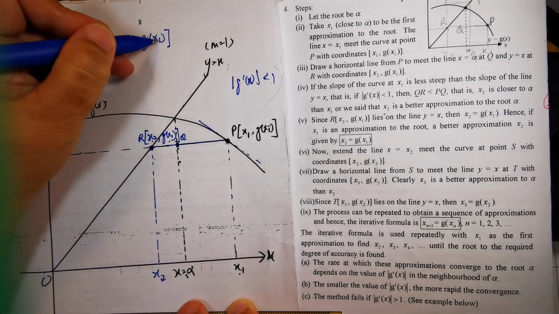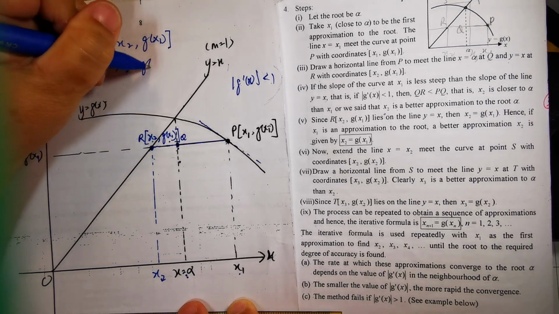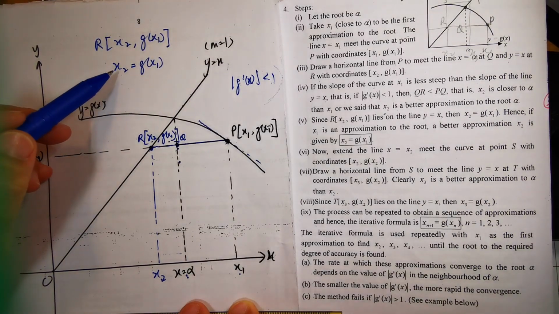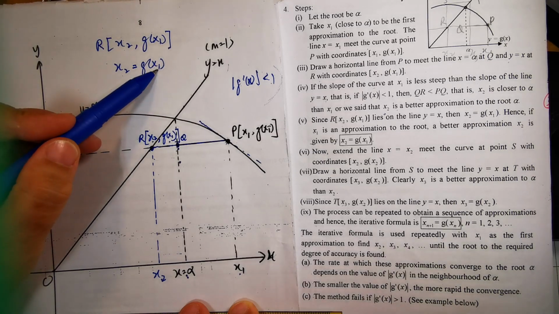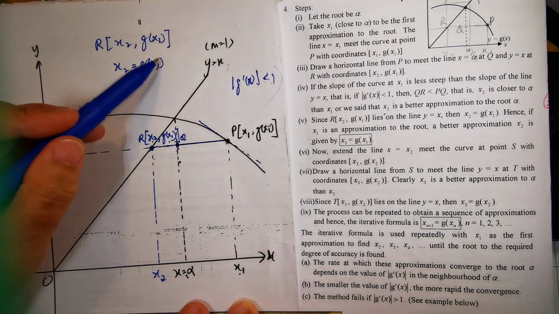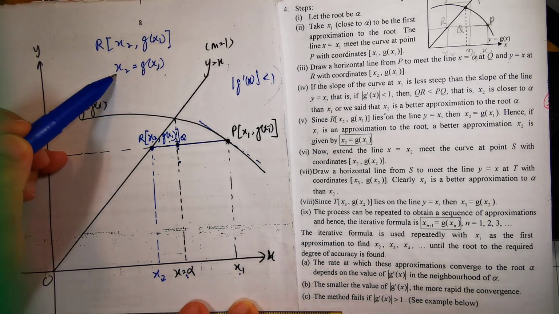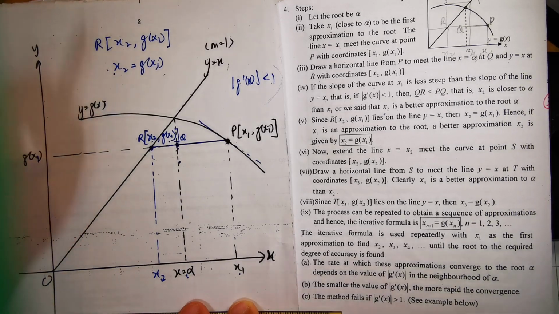So we get this relation: x2 is the same as g(x1). This is how we get this relation. When we have x1, we can substitute x1 into g, and the answer will be our second approximation. Yes, this is the iterative formula.